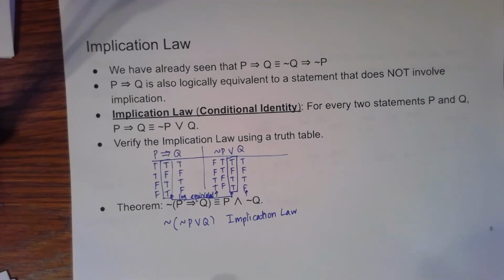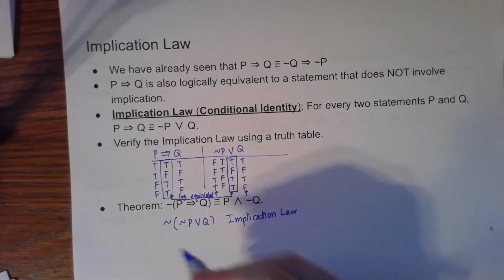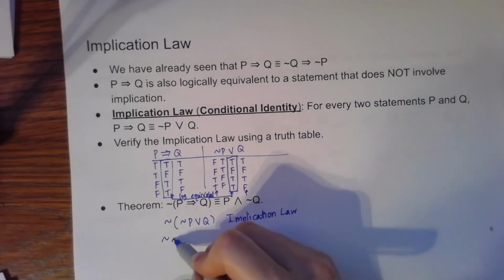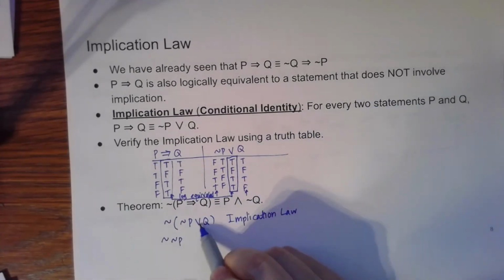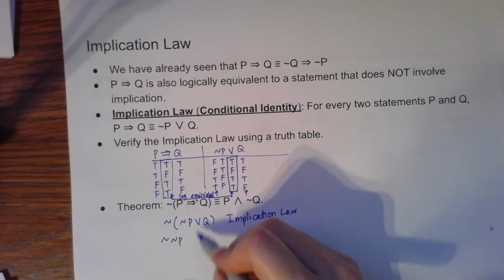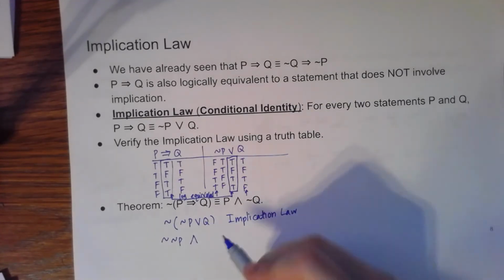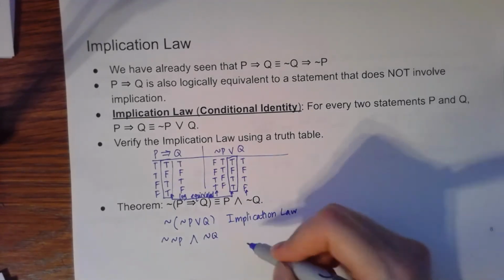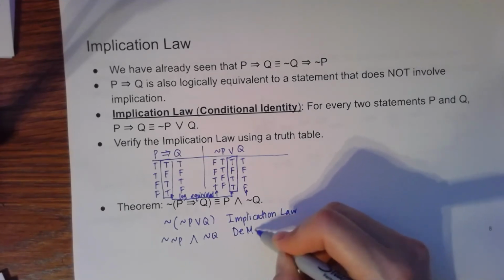And now, if you look at this, it looks like something we've seen before. This is an application of De Morgan's law. You can distribute this negation through, and then change the operation in the middle. So this turns into not P, and this or changes into and, then not Q. This is by De Morgan's law.